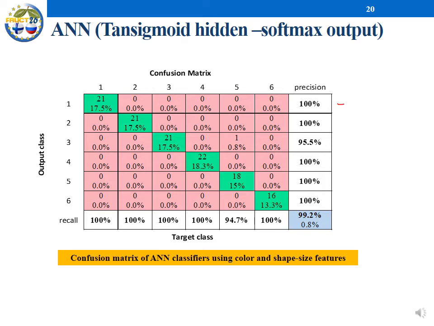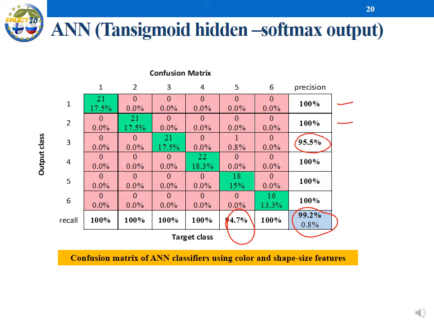We have 100% precision for class 1 and class 2, and we have only one misclassified in output class 3, with 94.7, and in total we have 99.2%, which is very good.